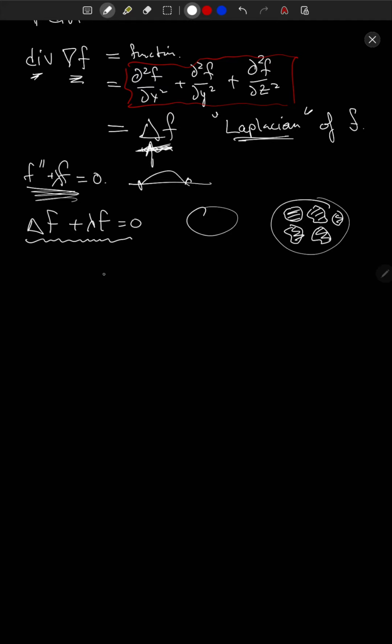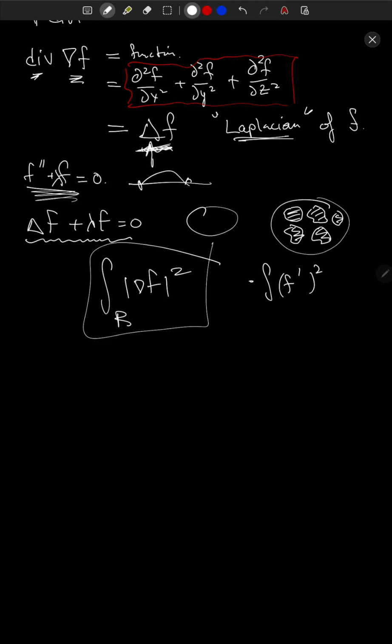Laplacians come out of examinations of energies, like this. I guess in the homework we did it with f prime squared, but the higher dimensional version would be this guy right there.